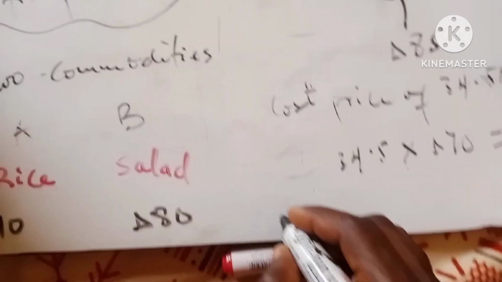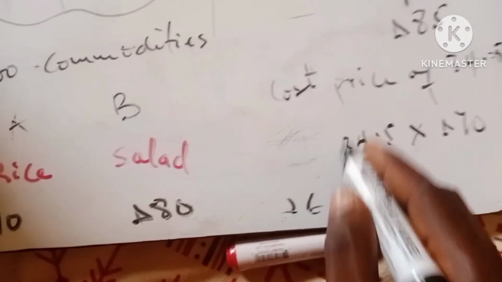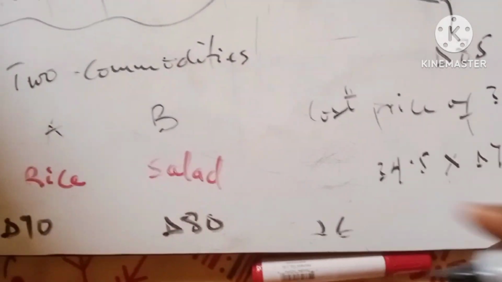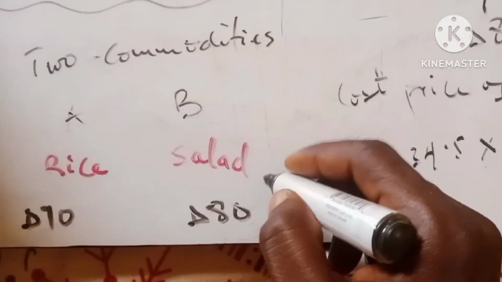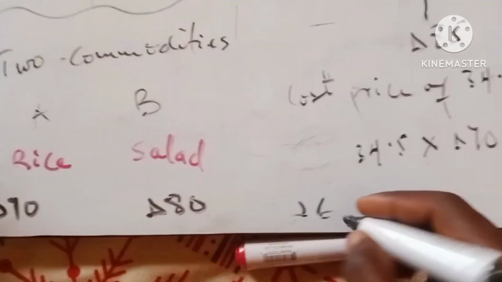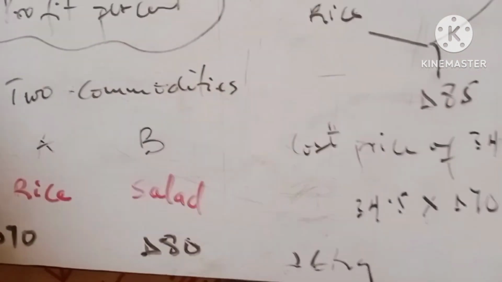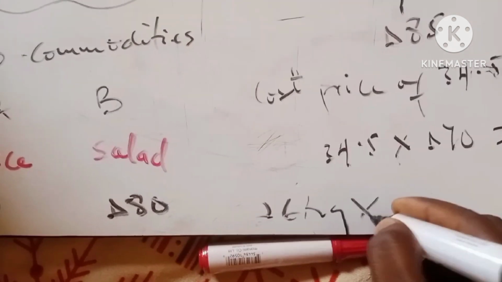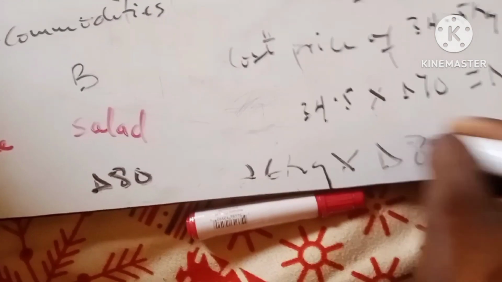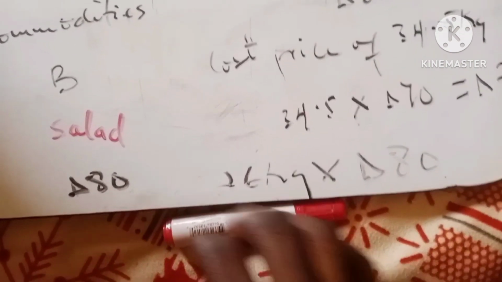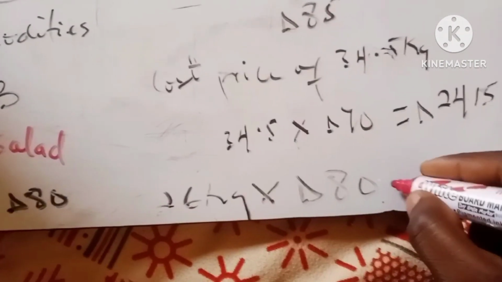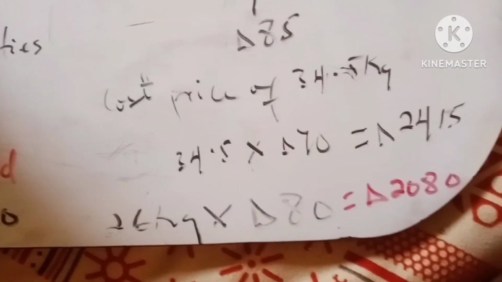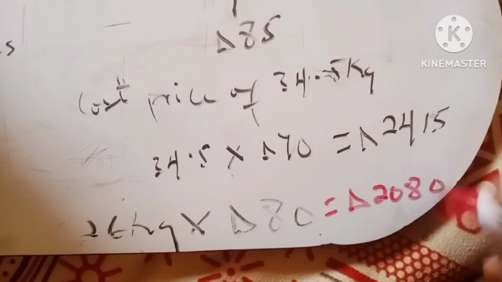So with the same expression, the cost price of the 26 kilograms of B, in this scenario the salad, is 26 kilograms multiplied by D80. According to my calculation, I have 2080. So these are the costs of the two items that we are buying.